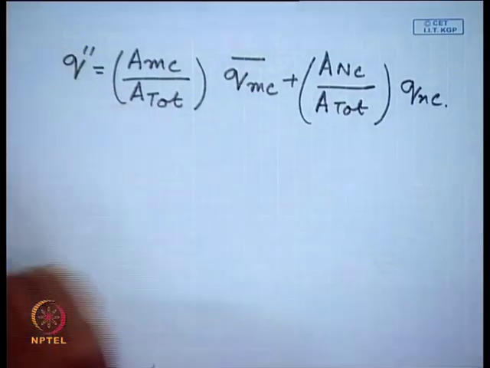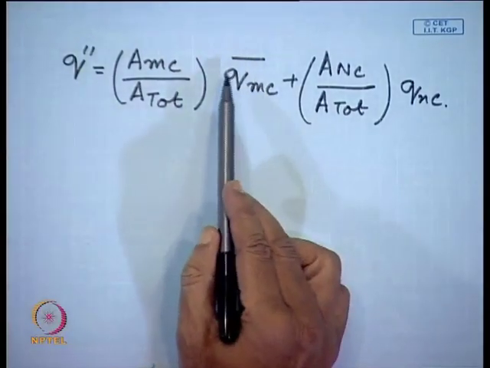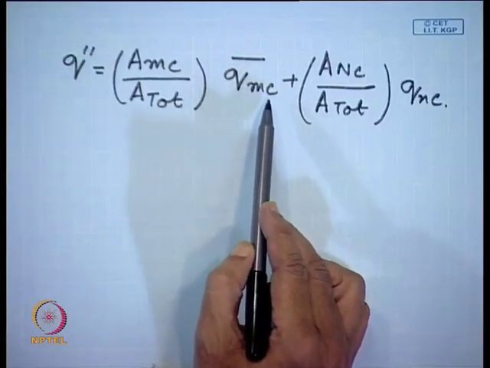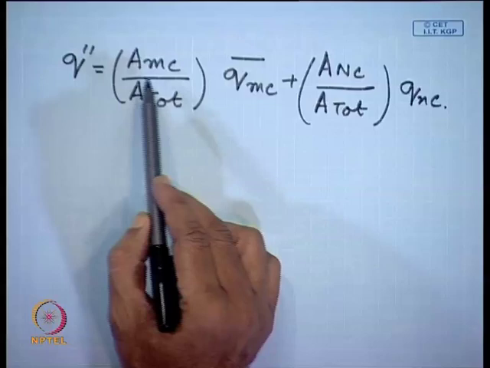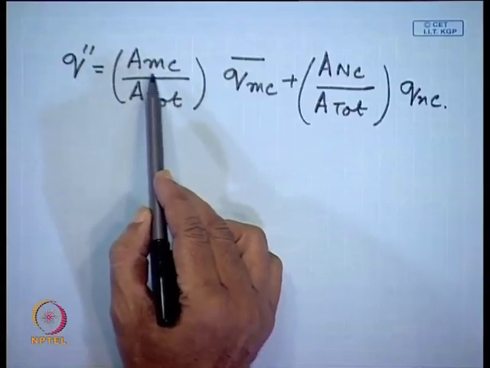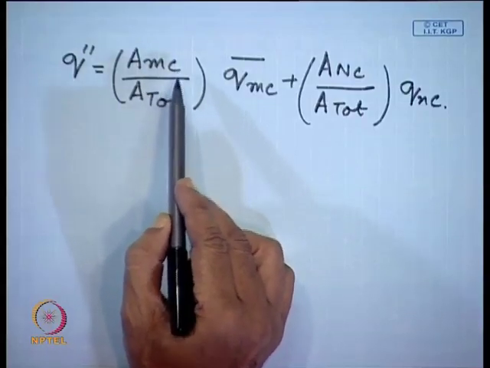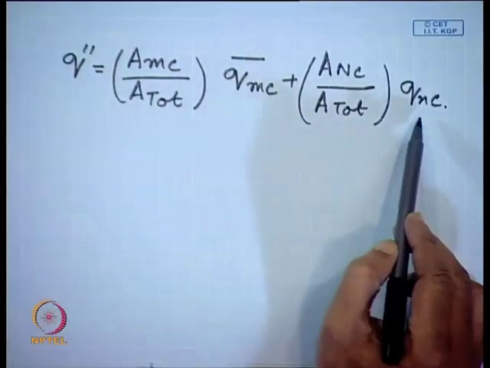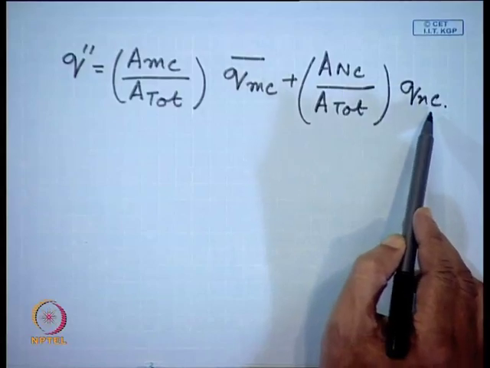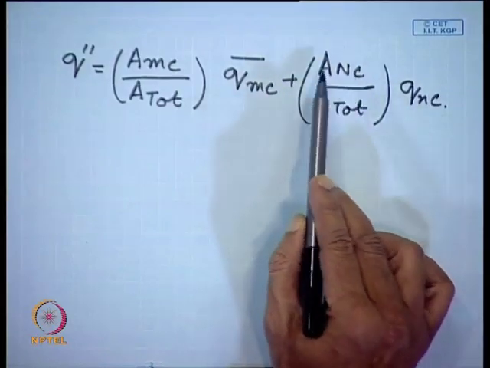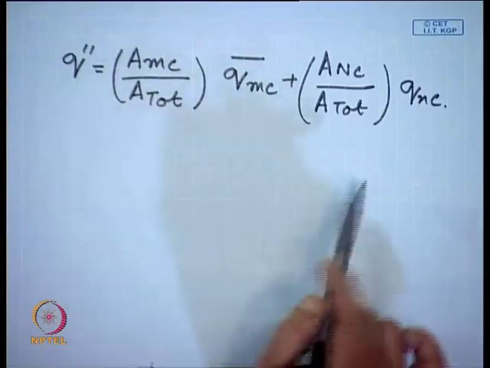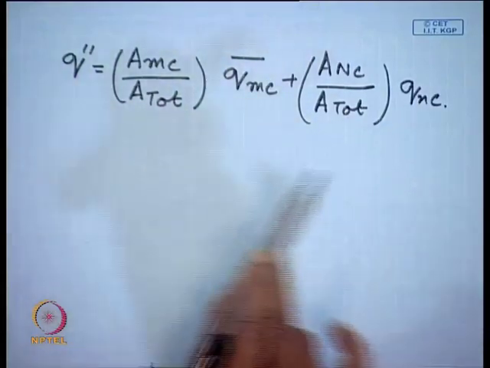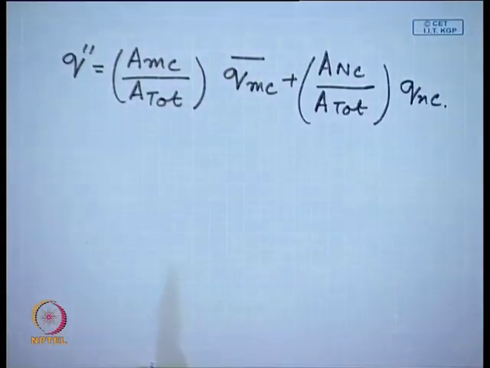So, total amount of heat transfer is the average heat transfer due to micro convection multiplied by the area which is responsible for micro convection, divided by the total area, plus there is another mode of heat transfer by natural convection, the area which is involved in natural convection heat transfer divided by the total area. So, this is how we will get the heat transfer from a boiling surface.